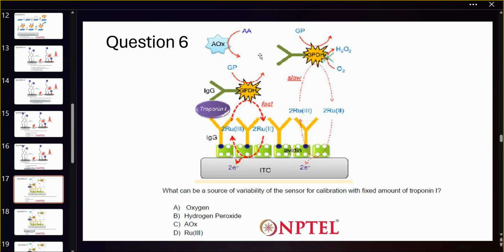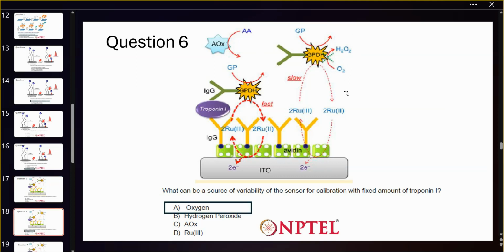But the action done by ruthenium will always correspond to the amount of GPDH in the system. So the only source of variability is the one that slows down the ruthenium reaction and is not a byproduct of any antibody reactions, which is oxygen.